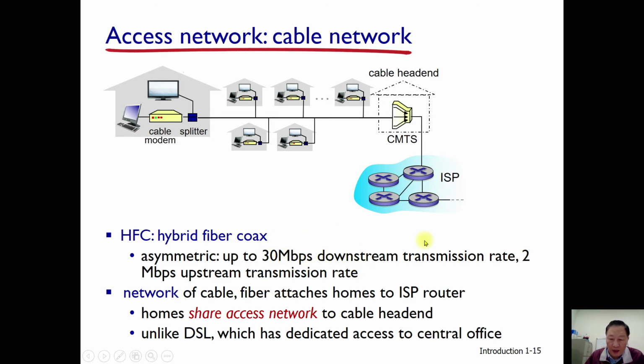This is the downstream speed. Usually the downstream speed is required to be more than the upstream transmission rate, and they are not symmetric. Thus that is called asymmetric.